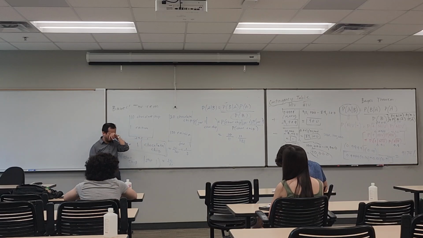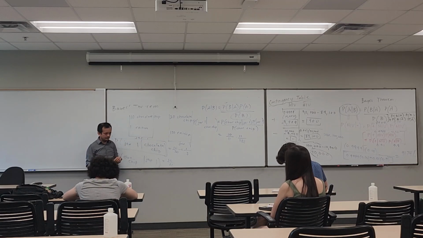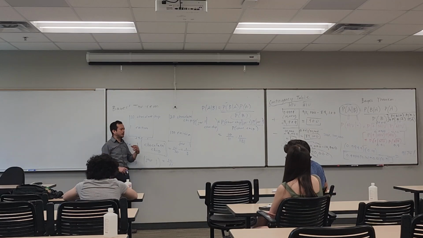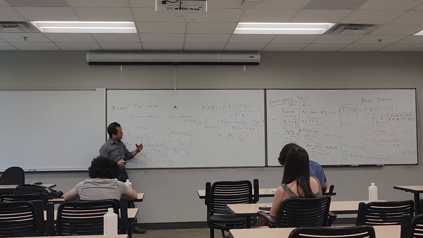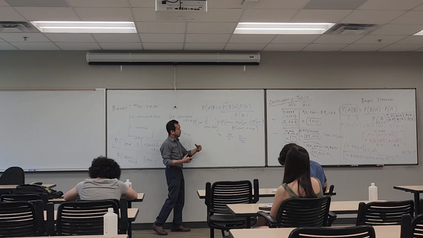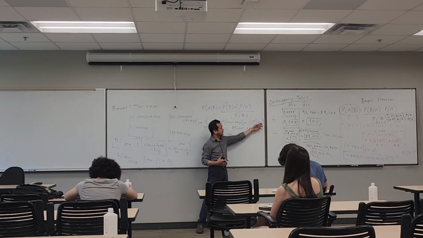Why wouldn't that work? There are a lot more cookies in jar 2. Yeah, this is the probability that a cookie came from jar 1, the probability that an event happened from jar 1.